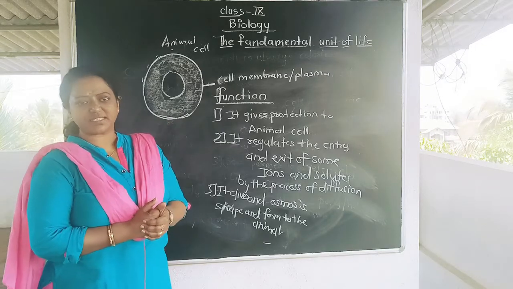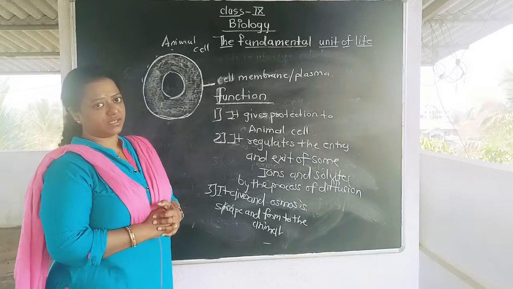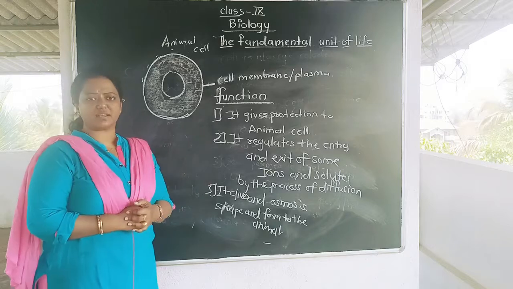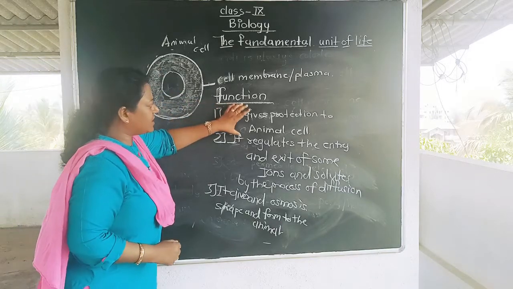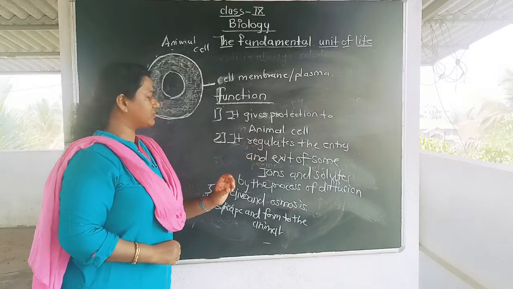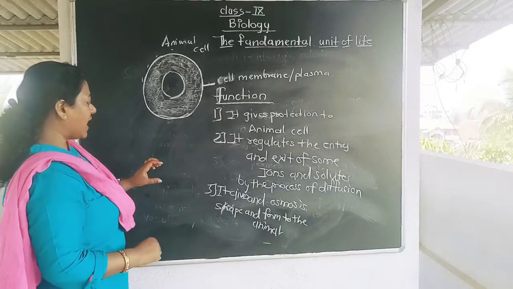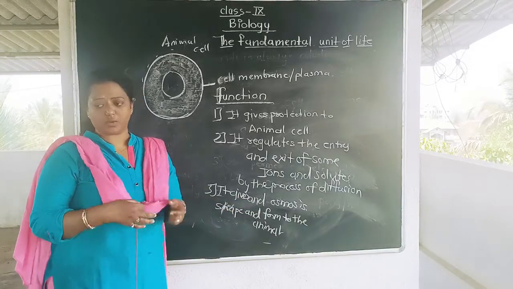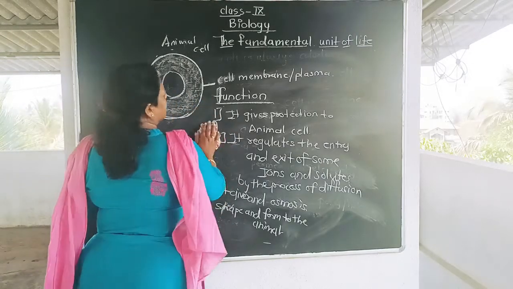The skeleton is present inside, so we don't need extra protection from outside by the cell membrane, because we are locomotive, higher organisms. Energy demand is also high. That is what gives protection to the animal cell. It regulates the entry and exit of some ions and solutes by diffusion and osmosis, and it gives a proper shape and form to the animal. Okay, so this is all about the function of the cell membrane.